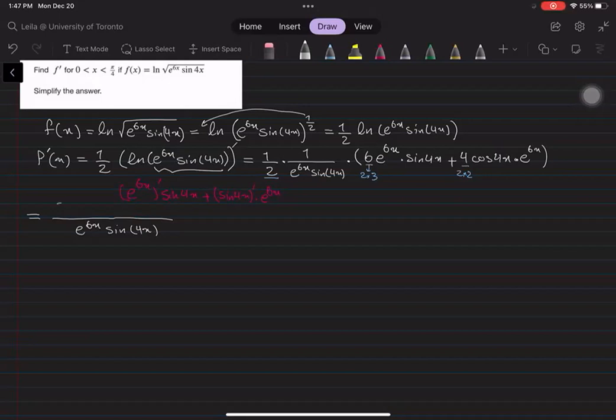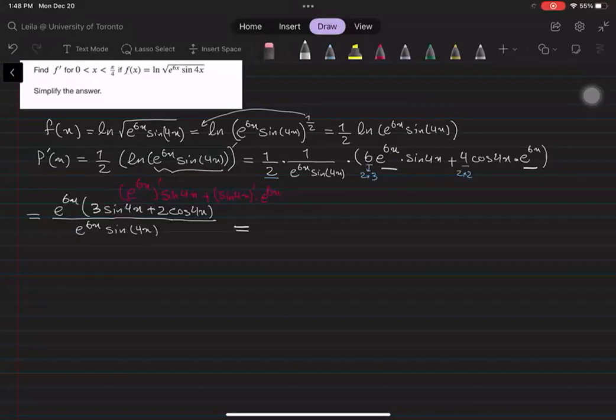And you have here 3 sine of 4x plus 2 cosine of 4x. I factored out the e to the power of 6x from both of these.